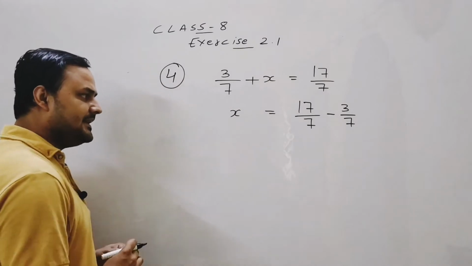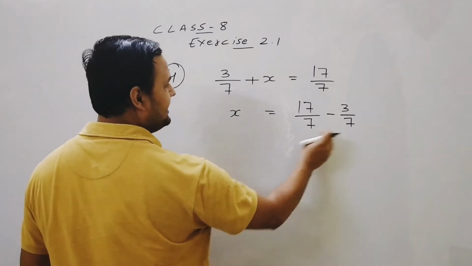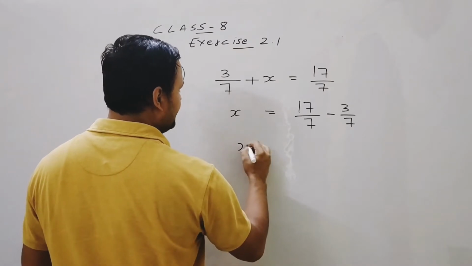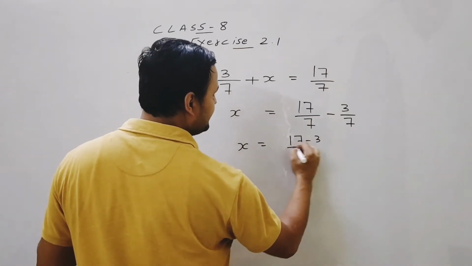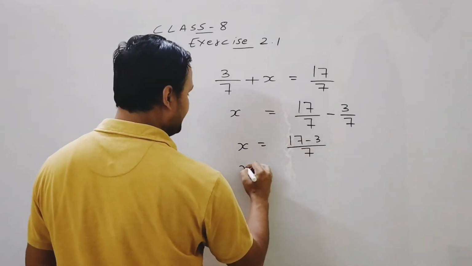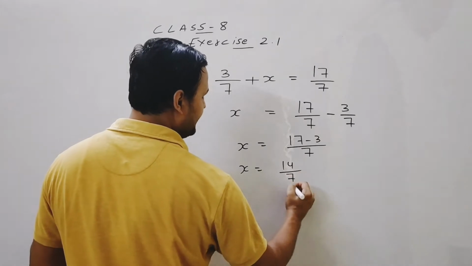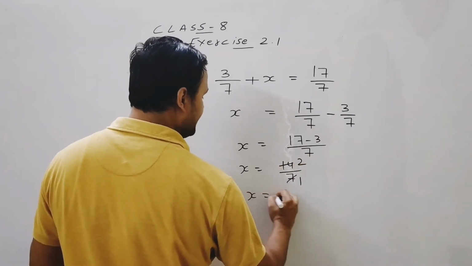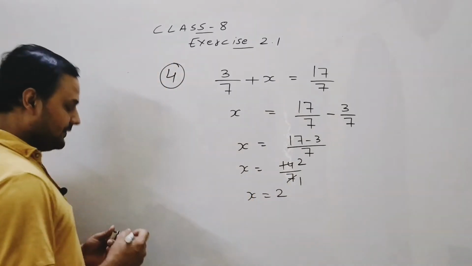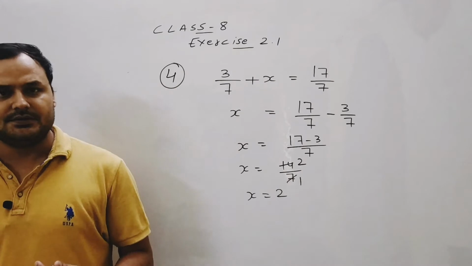Like fraction means when the denominator is equal, it's a like fraction. So x equal 17 minus 3 by 7. So 17 minus 3, I got 14 by 7. 7 ones are 7, 7 twos are 14, x equal 2. So for the fourth question, the value of x equal 2.